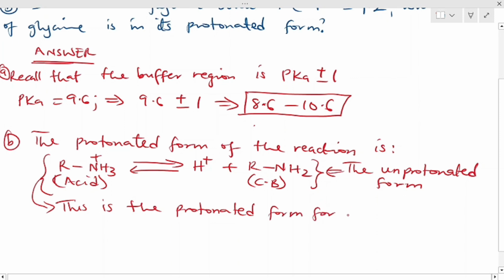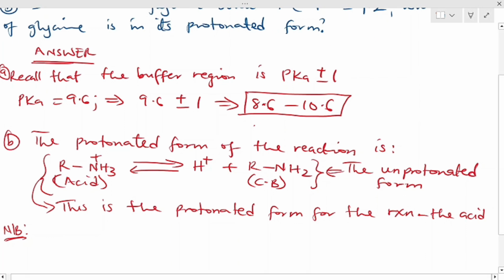For the reaction, the acid is the protonated form, while the conjugate base is the unprotonated form. Thus, the protonated form is the species that has the proton H plus to donate. So worthy of note, NB, we do that in blue for emphasis.